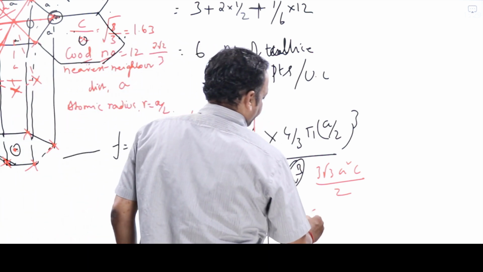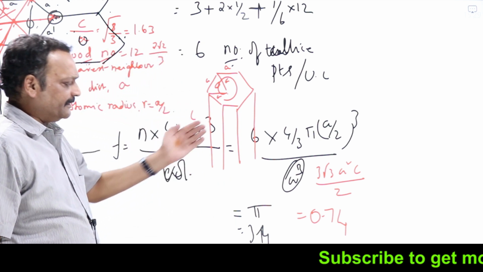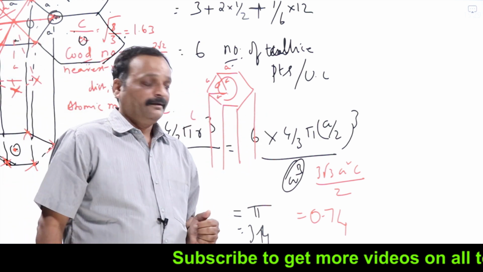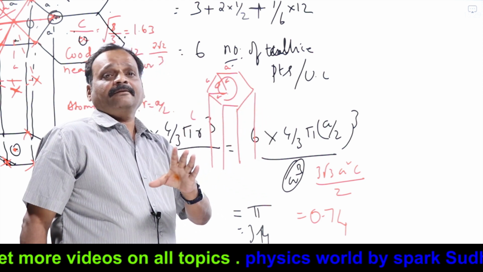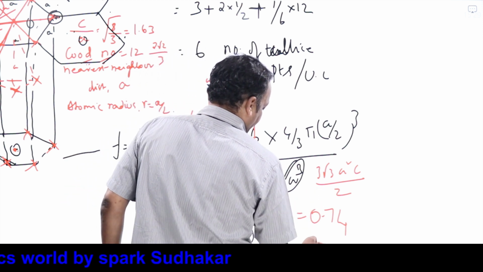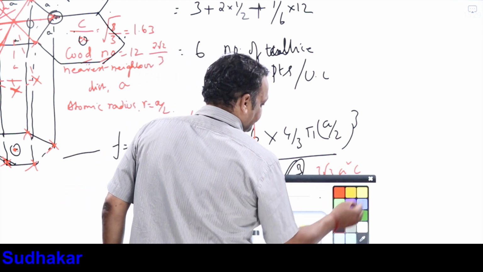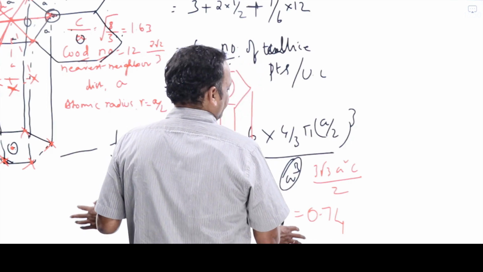You will get 0.74, the same as what you got for FCC. So the hexagonal close packed structure is also a very closely packed structure with a maximum packing fraction of 0.74. Therefore, the void space here also will be just 26%.